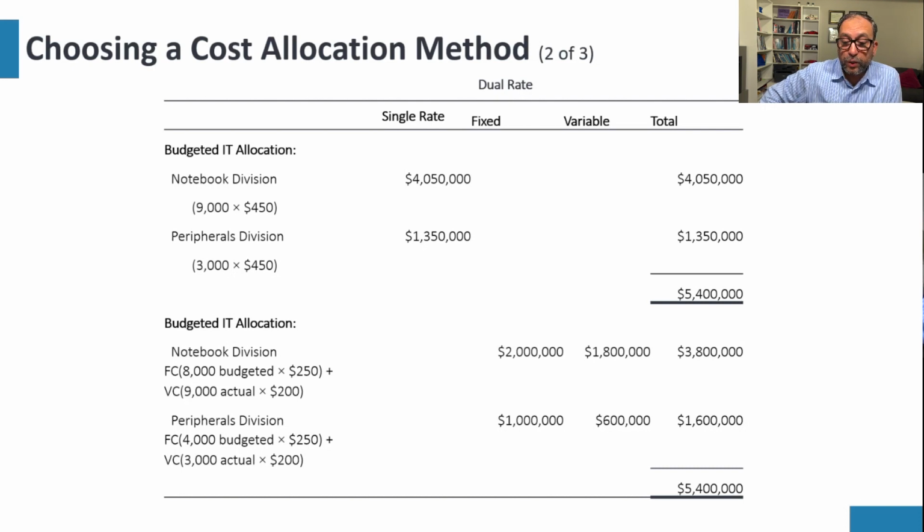But if we apply the dual rate method, then the notebook division is getting 3.8. So it's a difference of about $250,000. And similarly, definitely the peripheral is getting less in single and more in the dual method, because this is a redistribution. It's not decreasing the cost, but it's a redistribution among the two products.